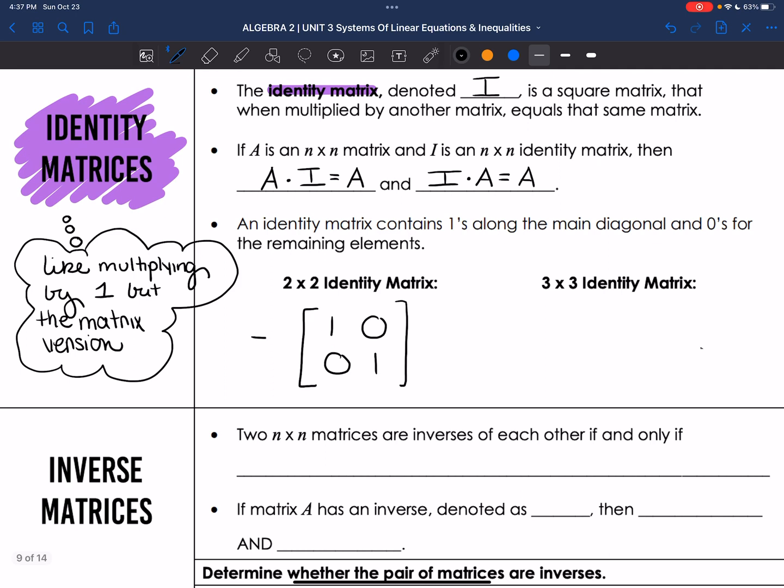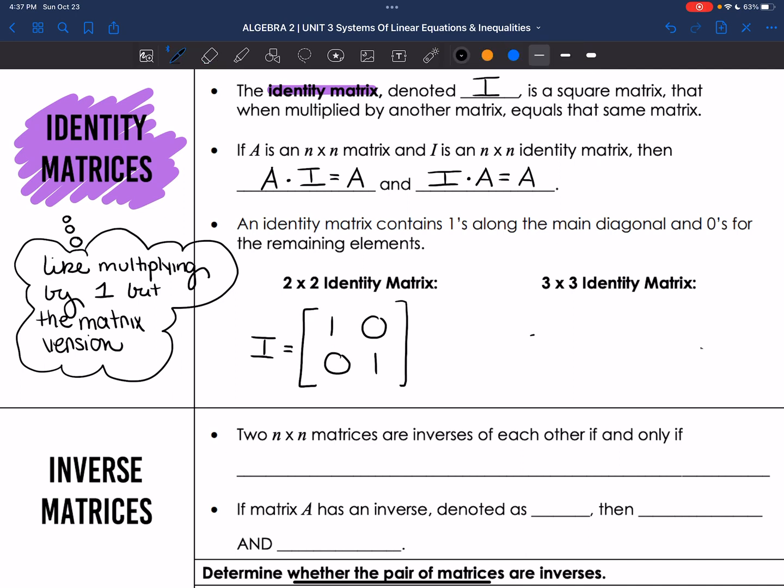That is an identity matrix that has the dimensions 2 by 2. And what is meant by ones along that main diagonal: right here along our main diagonal, you have ones, and in the other positions, you have zeros.